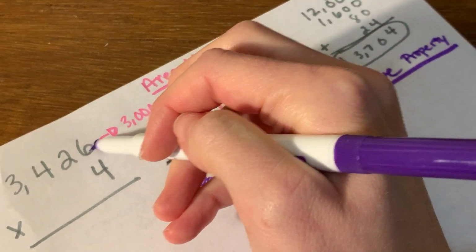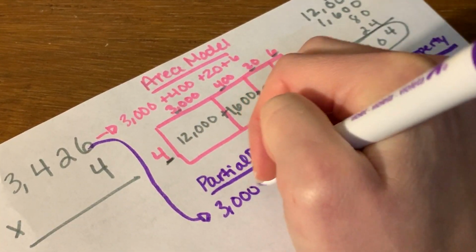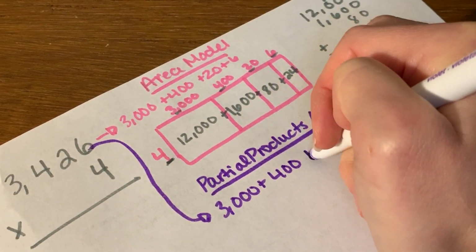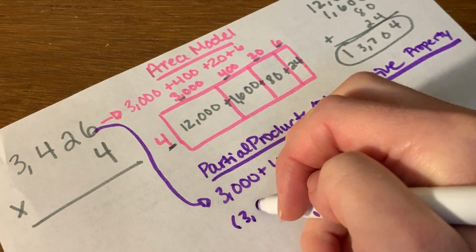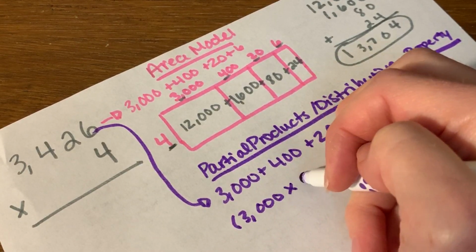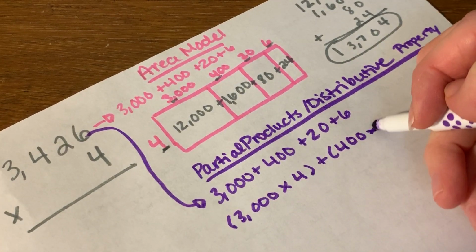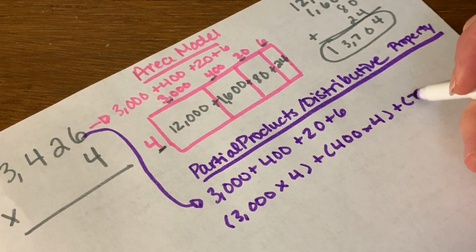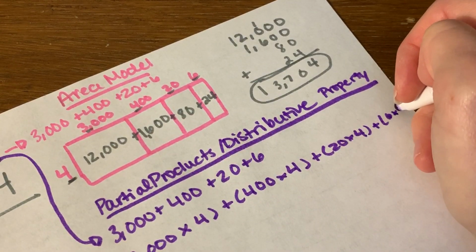So we are going ahead once again and putting this number into expanded form. 3,000 plus 400 plus 20 plus 6. And this time I'm just going to write everything in parentheses. So 3,000 times 4 plus 400 times 4 plus 20 times 4 plus 6 times 4.